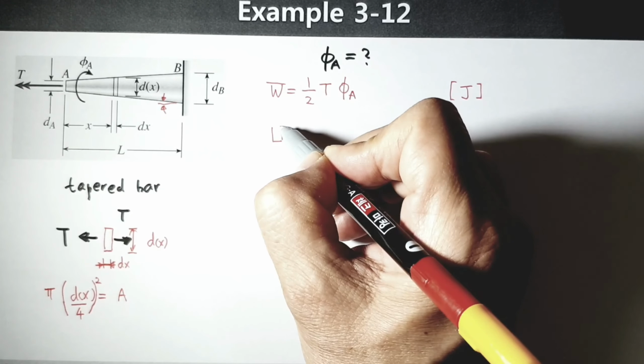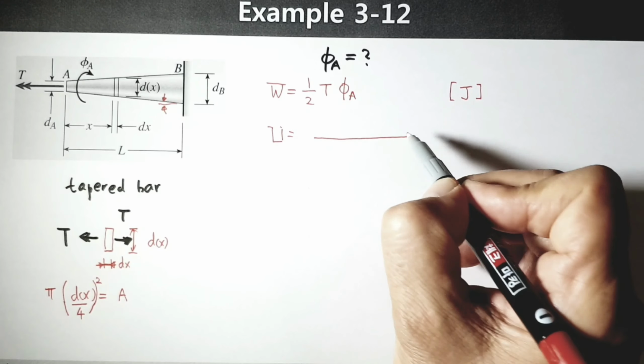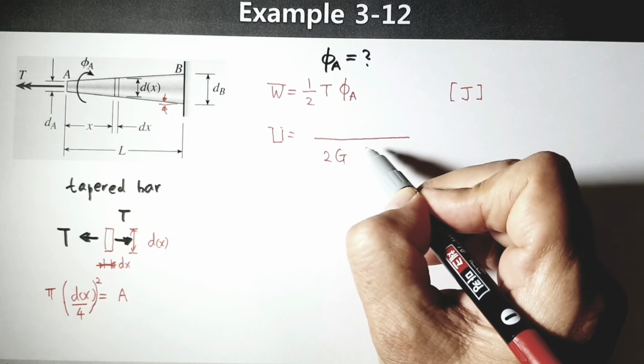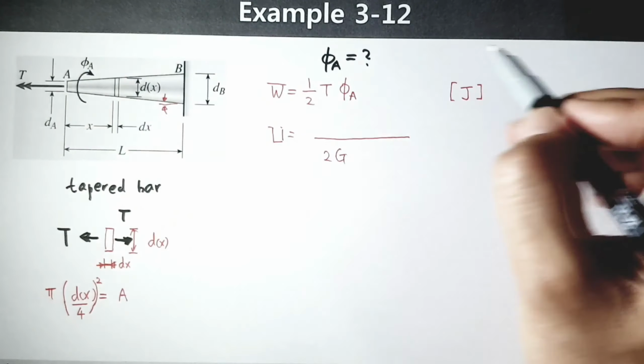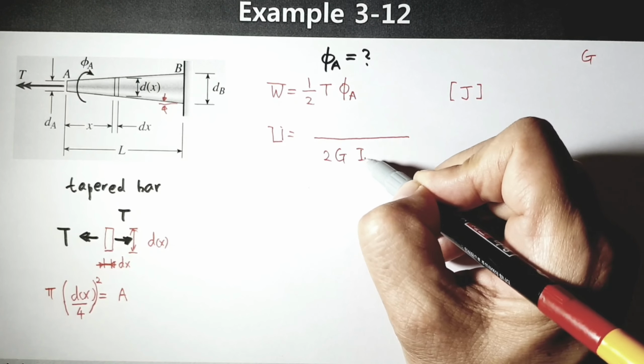Anyway, when you calculate the strain energy in this case, strain energy U equals, let's assume the shear modulus of elasticity is G, IP.